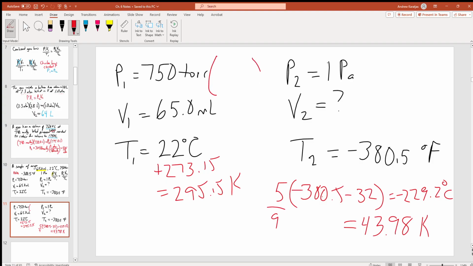So our conversion here, 101,325 pascal is 760 torr, and that calculates out to just shy of 100,000 pascals.